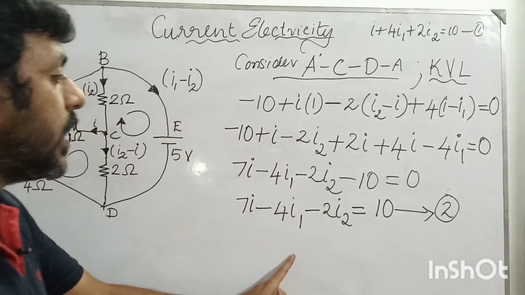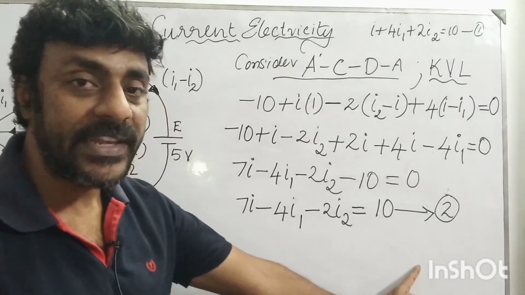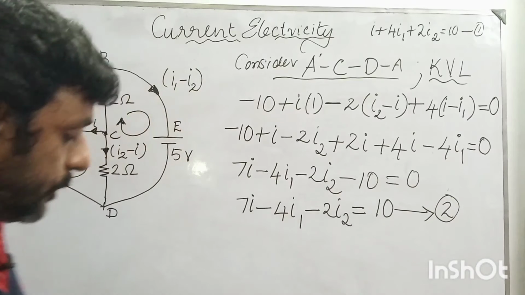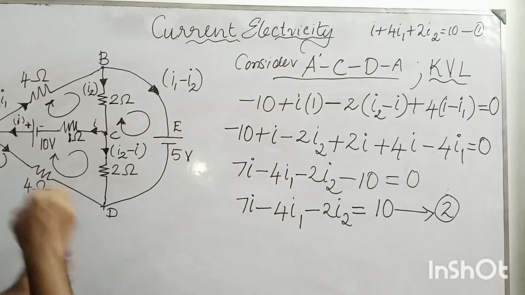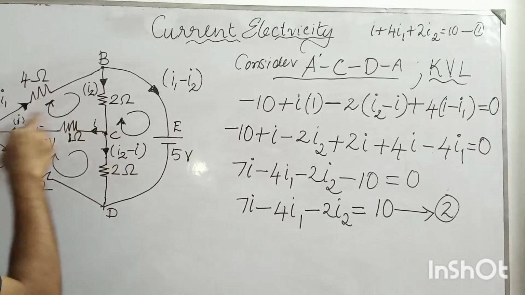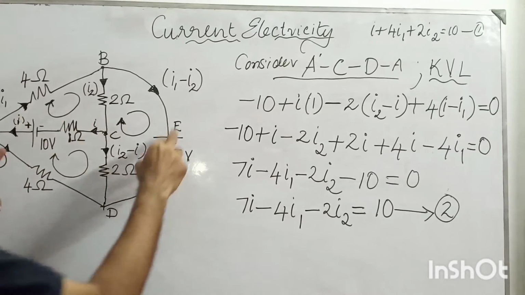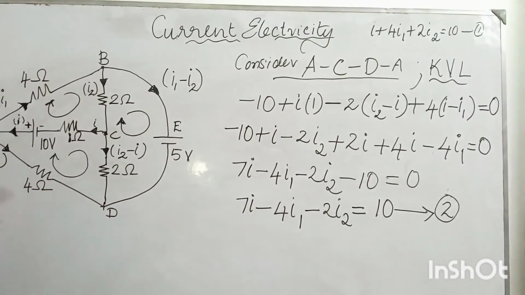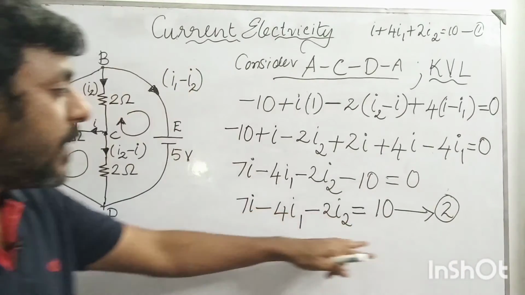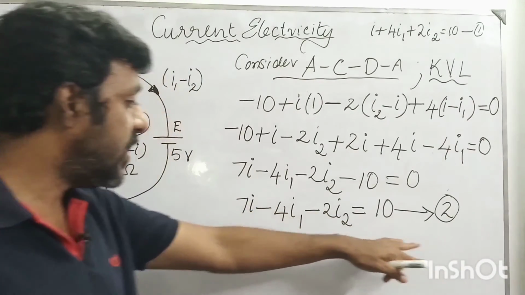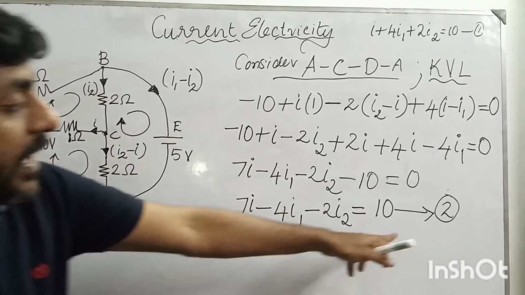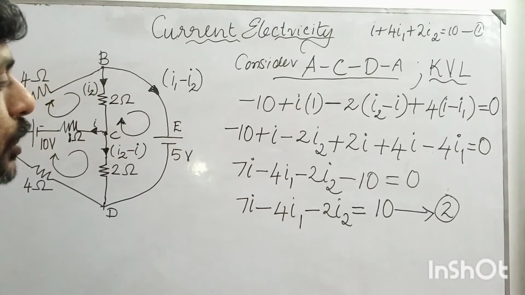So with the help of this loop ACDA, I am able to form the equation 7I minus 4I1 minus 2I2 is equal to 10, and I am going to name this equation as equation number 2.